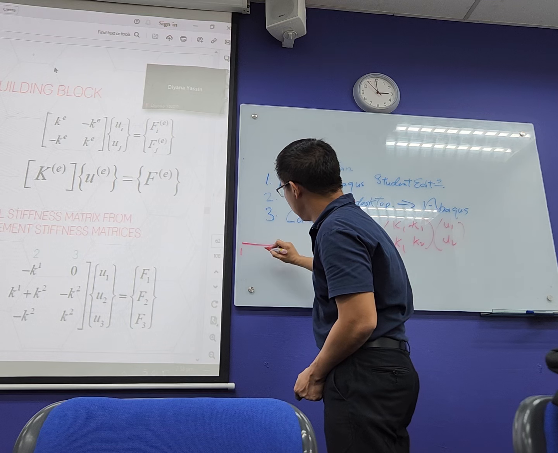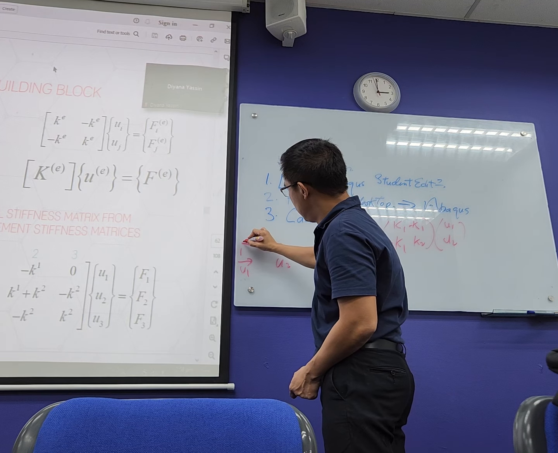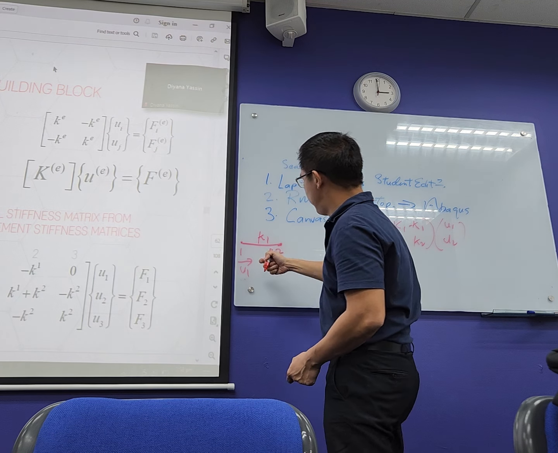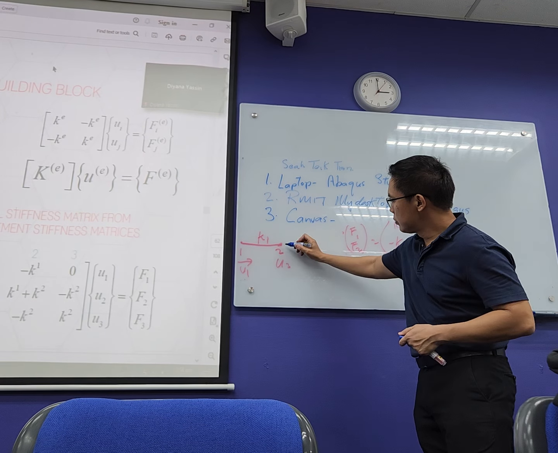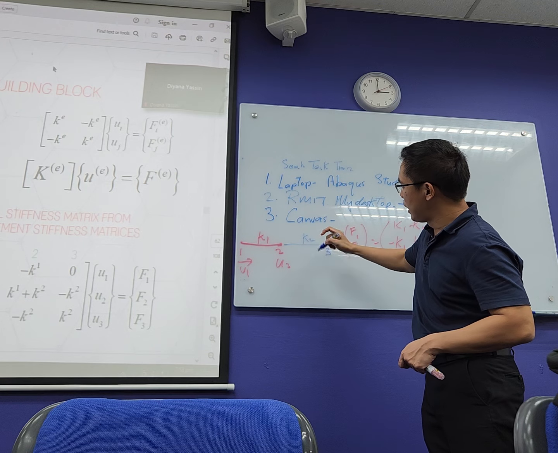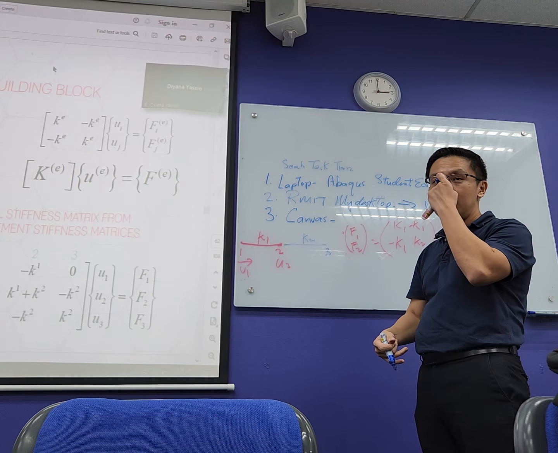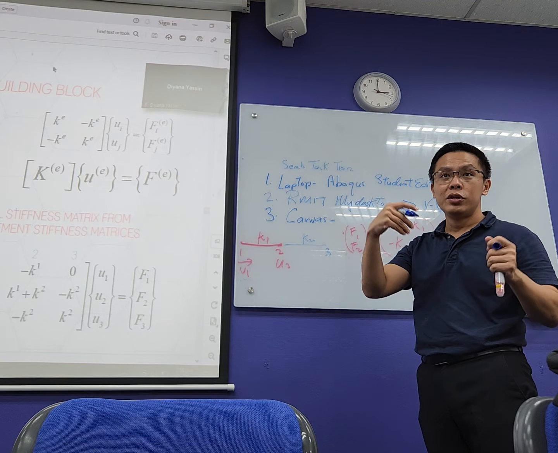One, two, so this is U1, U2, K1, the first element. Second element, node 3. Now the second element is K2. You have a different stiffness. It could be something thicker, it could be a different type of material. So the stiffness could be different.